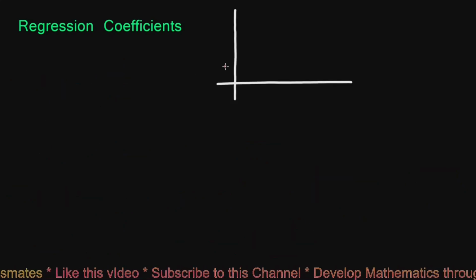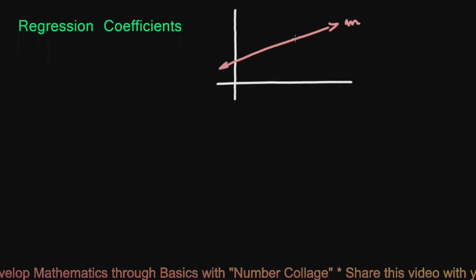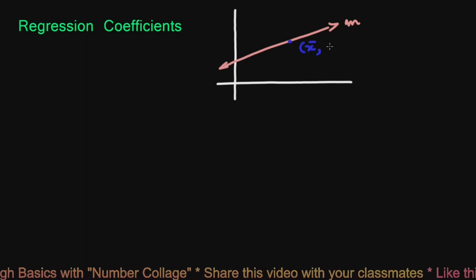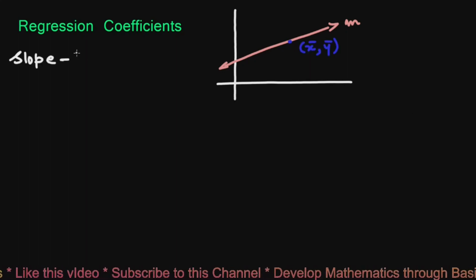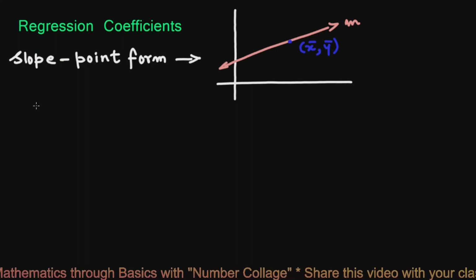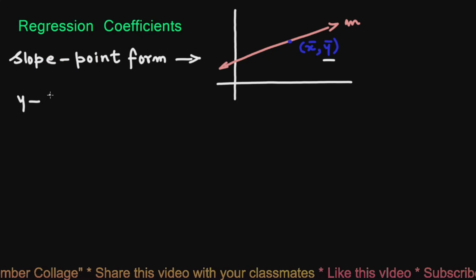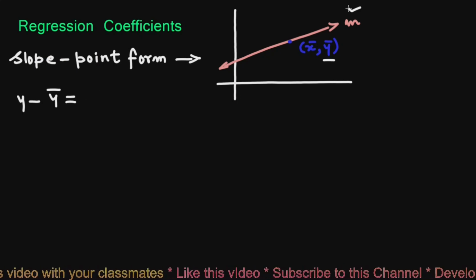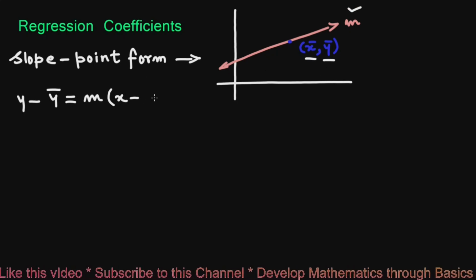We know that if slope of the line is m and if it passes through a point x bar comma y bar, then by slope point form of a line we write its equation as y minus this y bar equals slope this m times x minus this x bar.